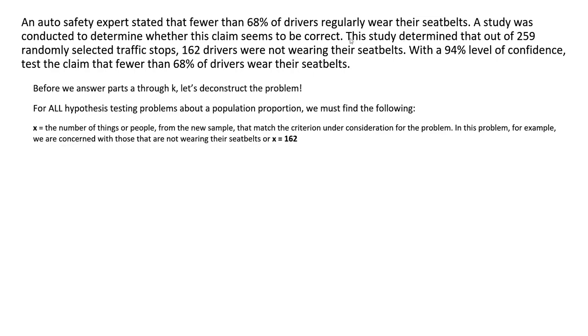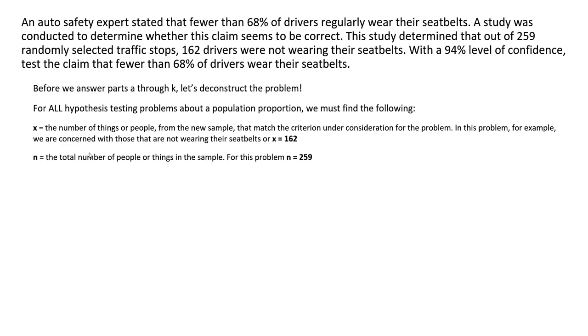In other words, here's my sample. It determined that out of 259 randomly selected traffic stops, 162 drivers were not wearing their seatbelts. And because that's the topic under consideration, those not wearing their seatbelts, then X would be 162.